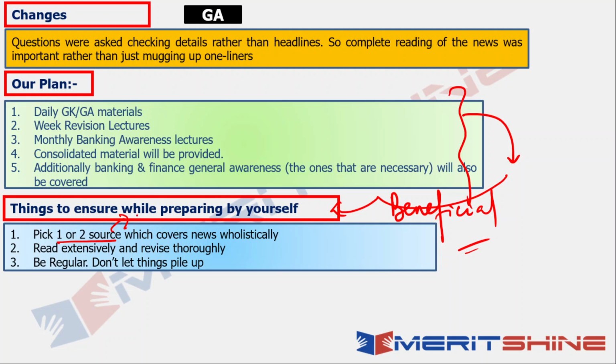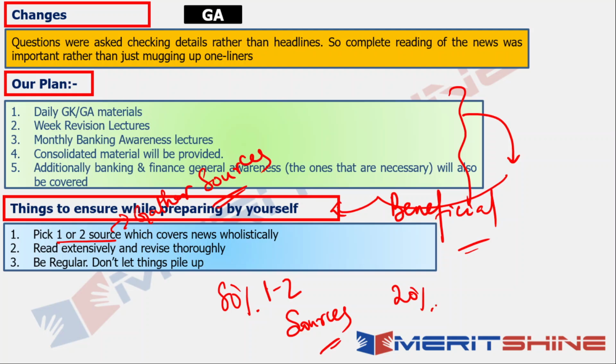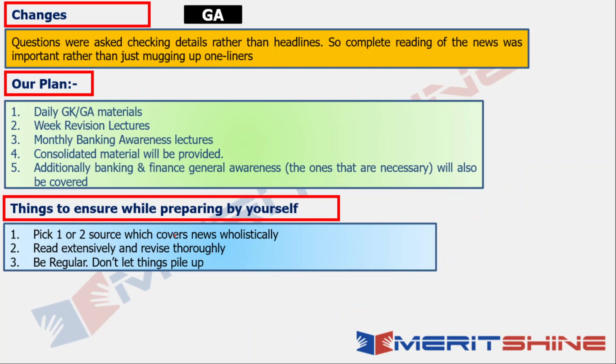Don't gather sources and do a little from everywhere. Doing 80% from one or two sources is better than doing 20% from 5 sources. So remember this always. Pick one or two sources which cover news holistically, and read extensively.